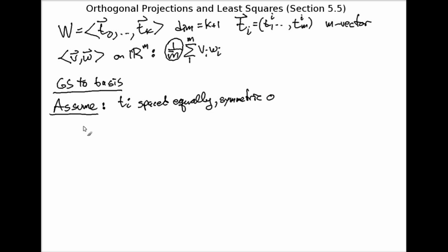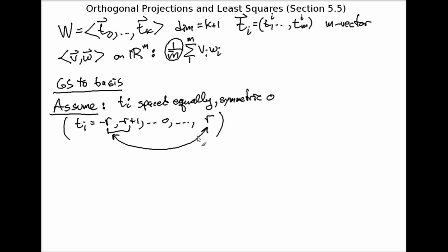So, for example, the Ti's could be minus r plus 1, dot dot dot, 0, up to r. So the spacings are all 1 and it's symmetric. You have r and minus r. So you might as well assume this is the situation. And that just simplifies some of the calculations.